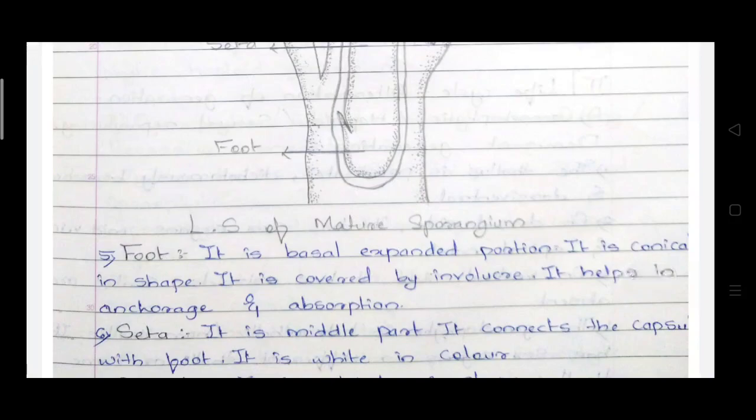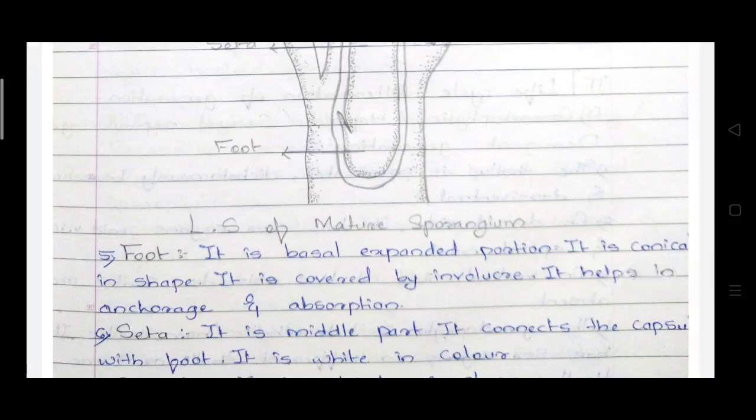The first part of the sporophyte is the foot, which is the basal expansion or portion. It has a conical shape and is covered by the involucre, and this foot helps in anchoring as well as in absorption of material.